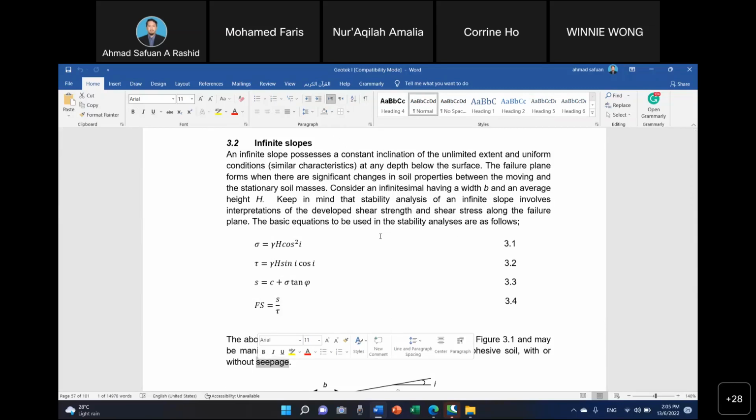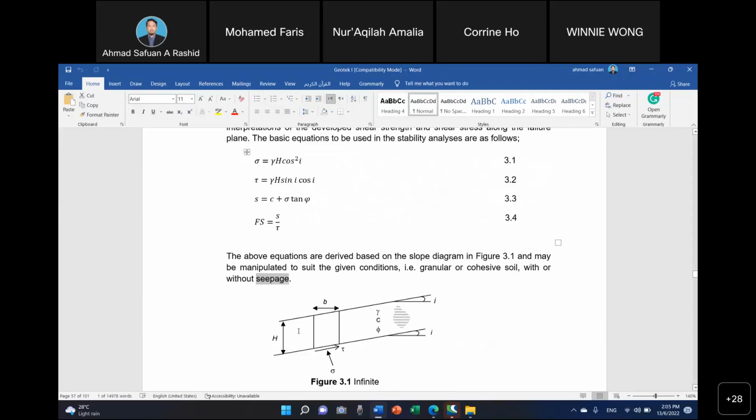For the infinite slope, we may assume that the seepage is parallel to the slope surface, although in reality it doesn't show that kind of condition. Then we have sigma, the normal stress, and tau, the shear strength and shear stress.